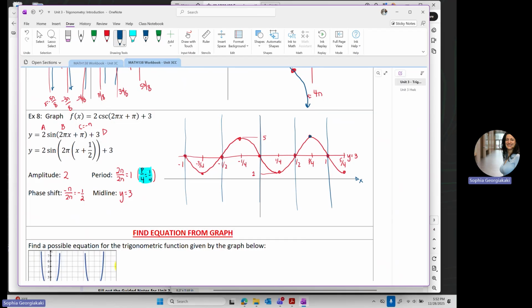After that, the graph of the cosecant is asymptotic to those asymptotes, staying on the same side of the midline as the sine function. And if I eliminate the sine curve, I get the graph of the cosecant that is translated.